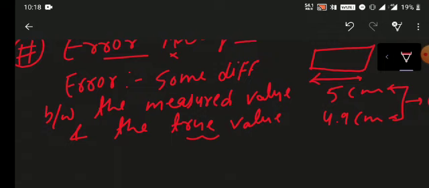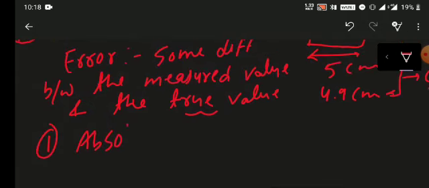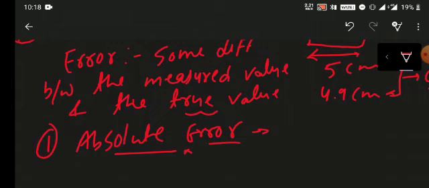Now let's talk about the types of error. The first type of error is absolute error. What is the absolute error?